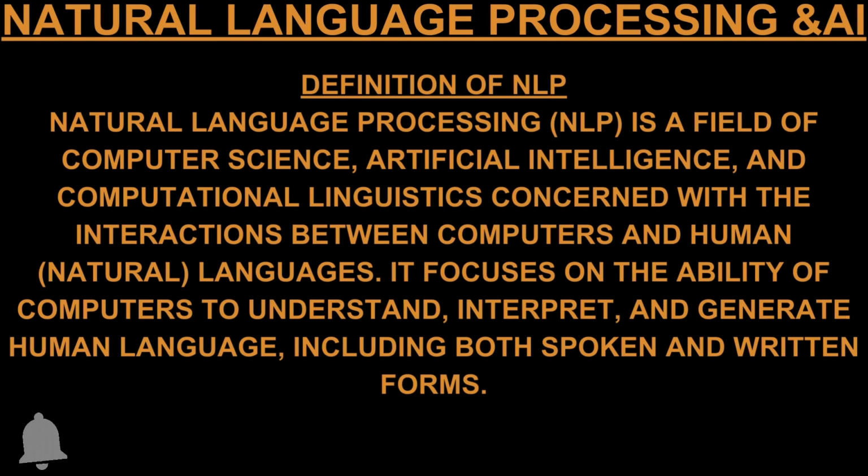Let's start our topic. Natural language processing and artificial intelligence. Definition of NLP. Natural language processing. NLP is a field of computer science, artificial intelligence, and computational linguistics concerned with the interactions between computers and human natural languages.